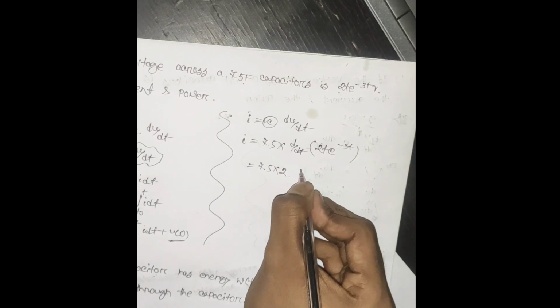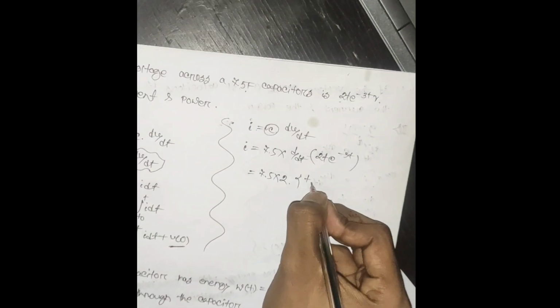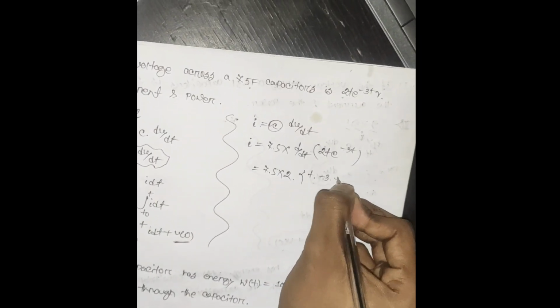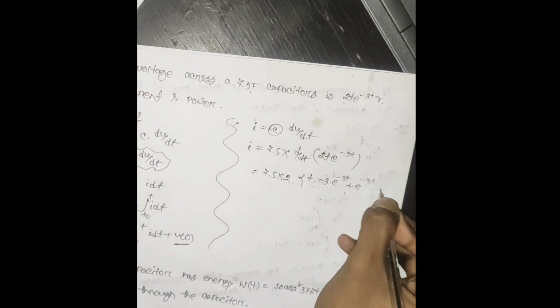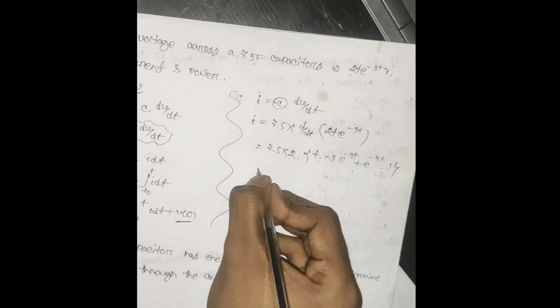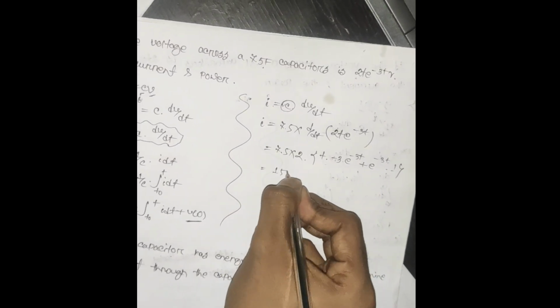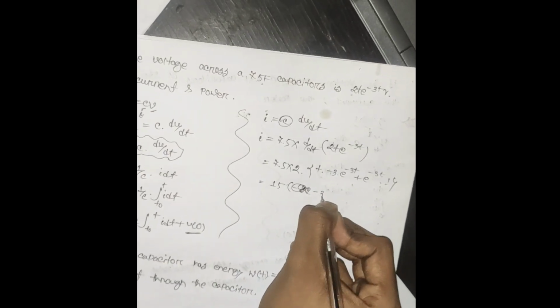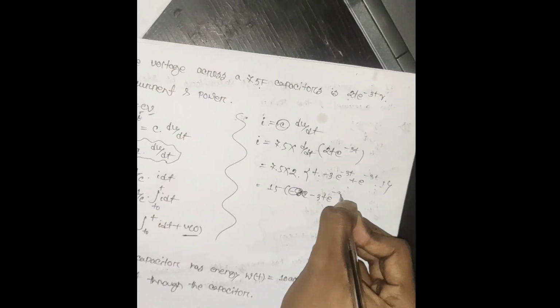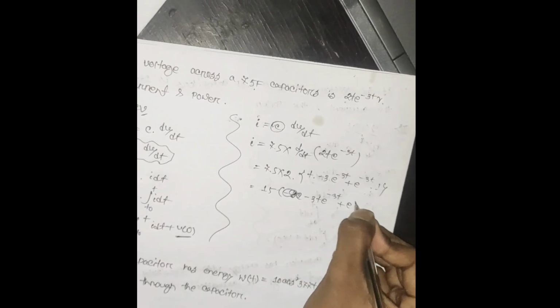Then simply use the uv product rule. So it will be 2t times minus 3 e to the power minus 3t plus e to the power minus 3t into 2. So the ultimate value will be 15 e to the power minus 3t minus 45t e to the power minus 3t for current.